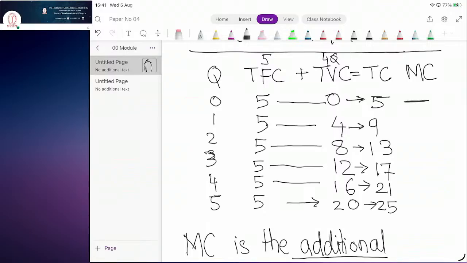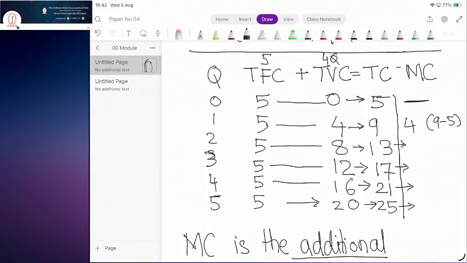From output going from 0 to 1, what is the marginal cost? 9 minus 5. 9 minus 5, that will be in this case equal to 4. Check that you will get the same marginal cost for all others. Do the calculation and check.